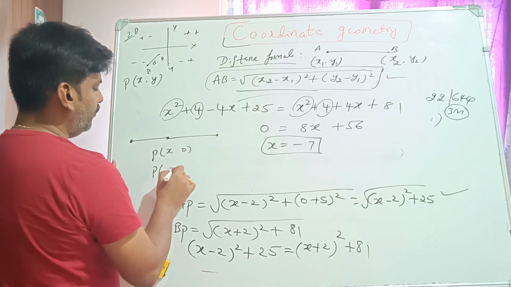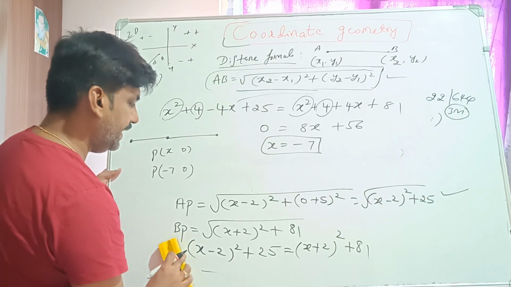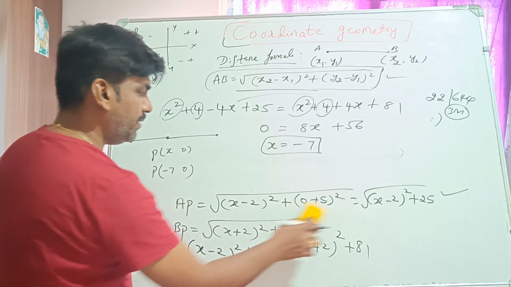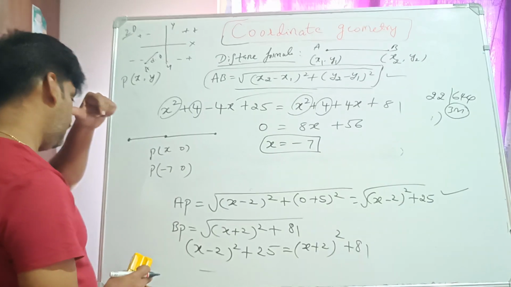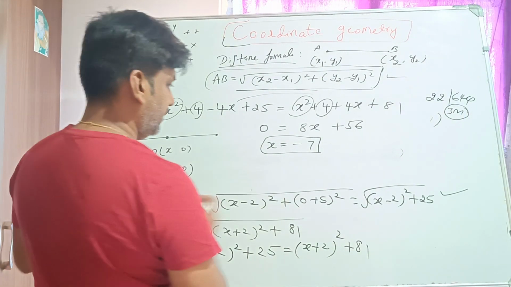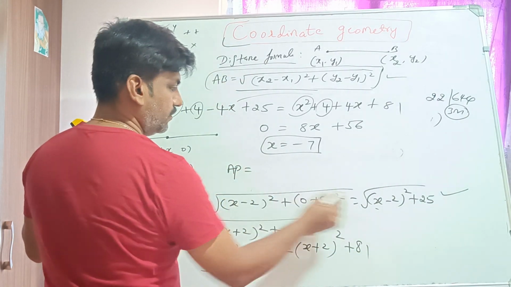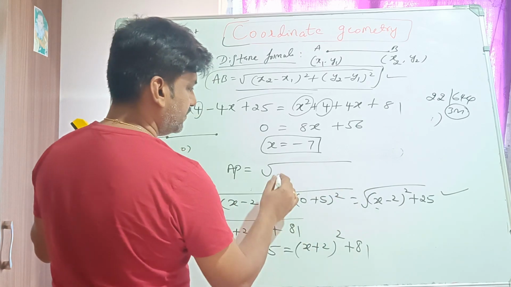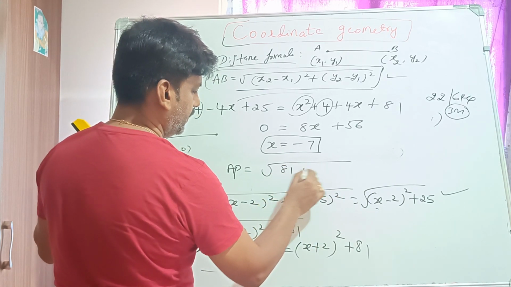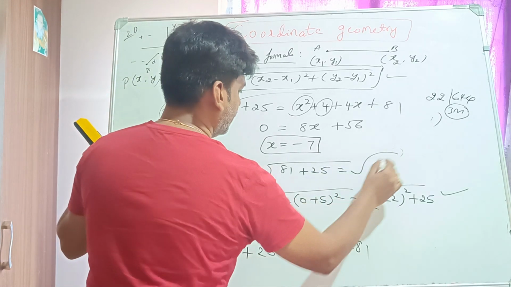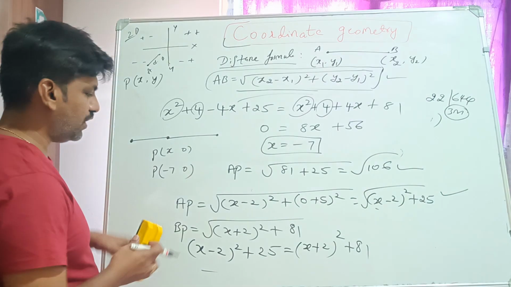So the P value you come to know, that is (-7, 0). Now we have equated it as AP square, so here we can take the x value as minus 7 from AP. So root of (-7 - 2) is minus 9, 81 plus 25 is 106. So the AP value is 106 we got.